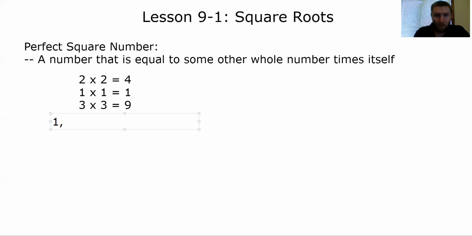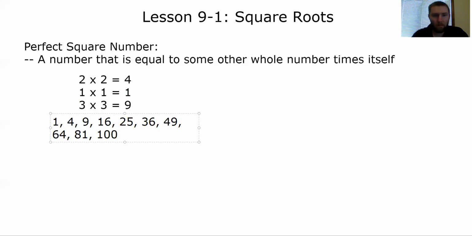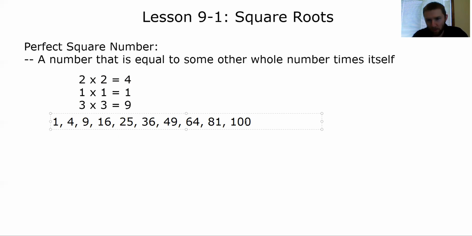So 1 is a perfect square number. 4 is also a perfect square number. 9, 16, 25, 36, 49, 64, 81, 100. Okay, so those are the first 10 perfect square numbers. 1, 4, 9, 16, 25, 36, 49, 64, 81, 100. Each of those is some number multiplied by itself.